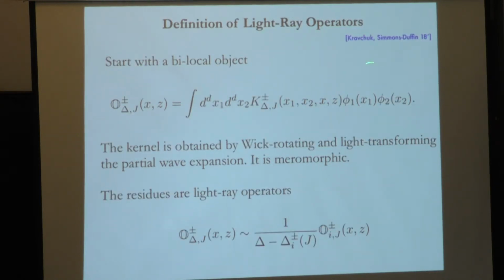So that's how you define these light ray operators. You take a pair of local operators and integrate with a kernel, and the kernel is dictated by the group theory behind it. It's basically the partial wave expansion, which you Wick rotate, and then light transform.